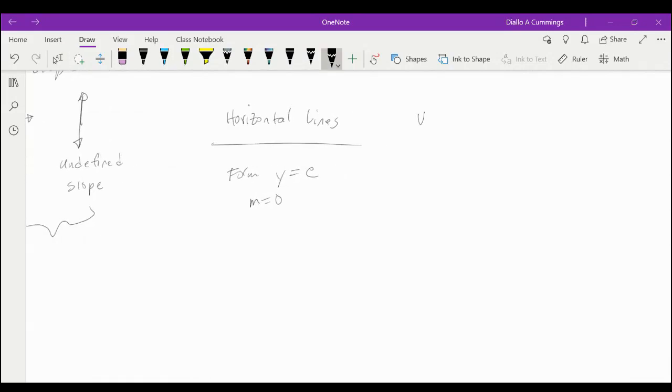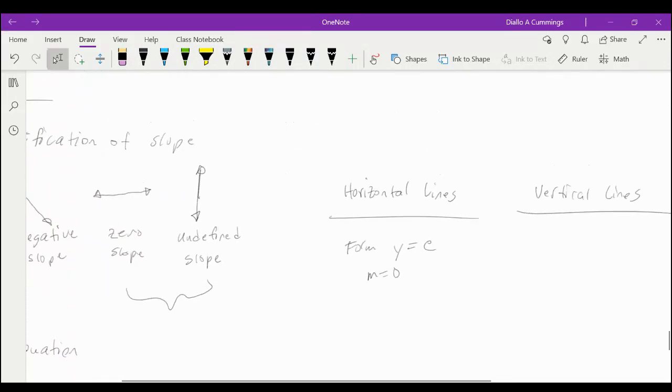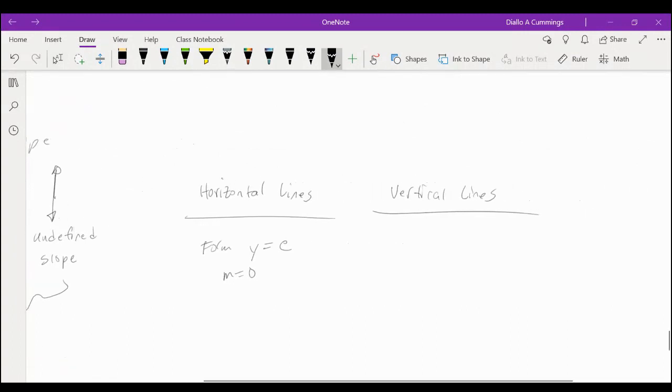If we deal with vertical lines, such as this graph here with the undefined slope, vertical lines are in the form x equal to c, and their slope is undefined.